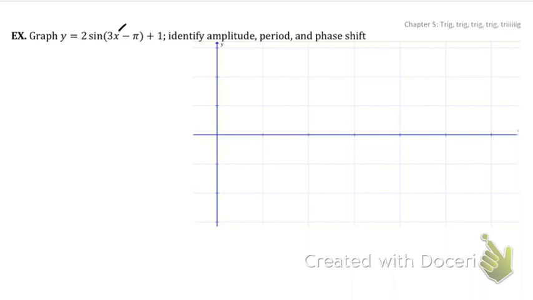So this right here has to be in the form b times x minus c. It has to be in that form. You need to be able to see just 1x minus or plus c. You have to be able to see that. And you can't see it right now because we have 3x.